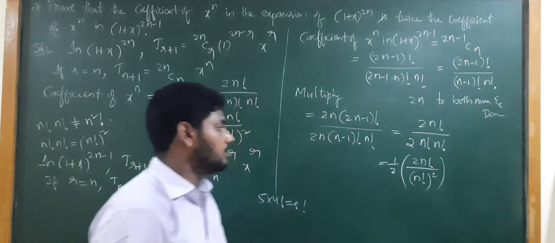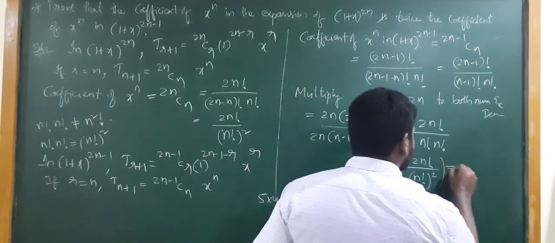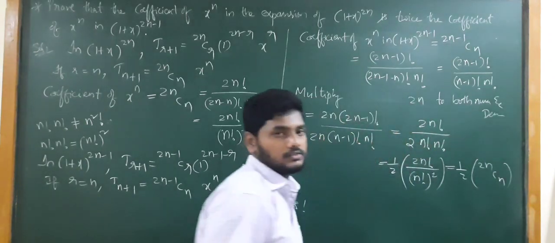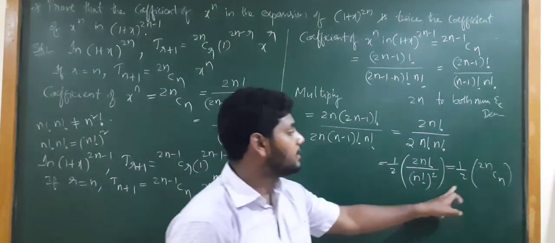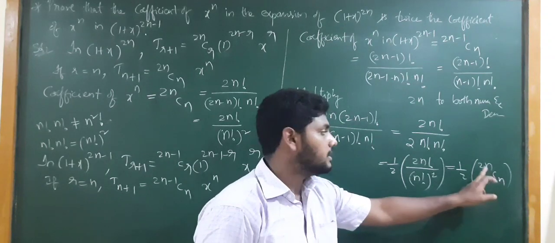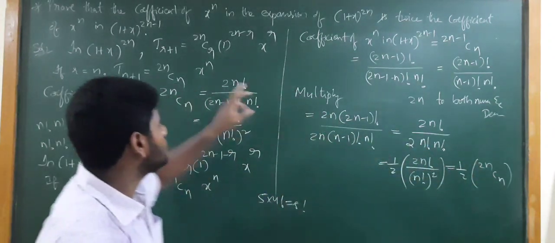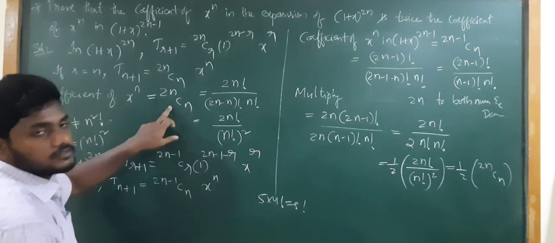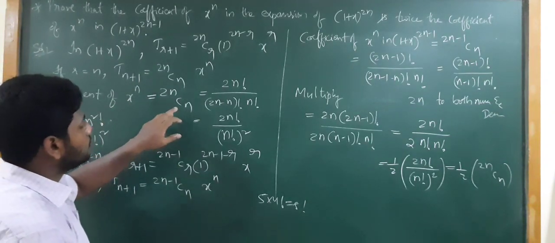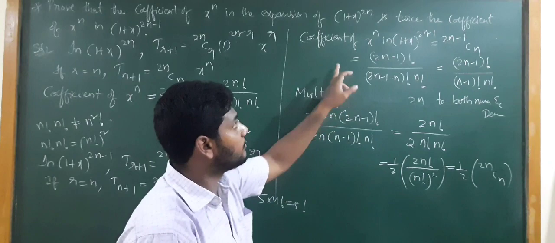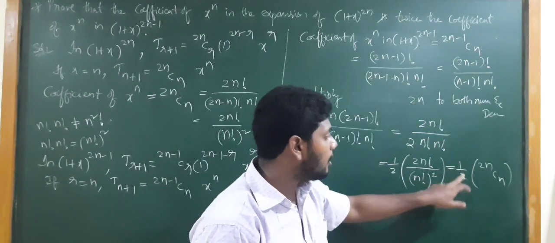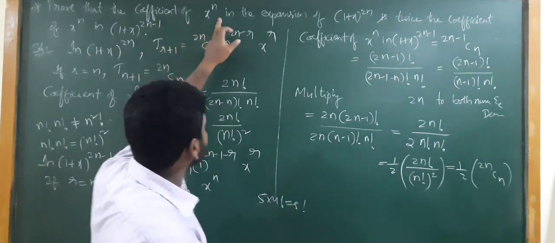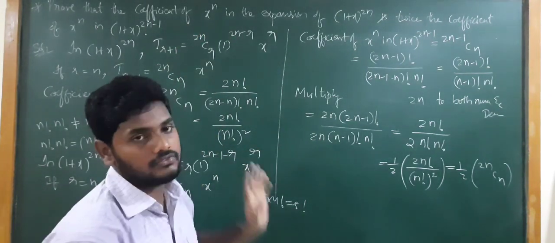Now this is equal to half of 2n C n, and 2n C n is the coefficient of x power n in the first expansion. So the coefficient of x power n in this expansion is half of 2n C n, that is, the other coefficient is twice this one.